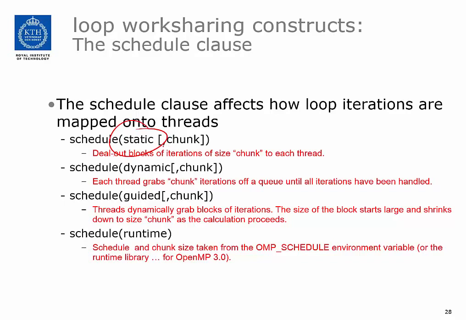But you can specify a smaller chunk size if you like. If the iteration execution time is highly dynamic, so you don't know how long they take, then it might be useful to use one of the dynamic schedules, dynamic or guided. Also, these can be specified with a chunk size, handing out 10 iterations, 100 iterations, 500, whatever is suitable for your particular needs.